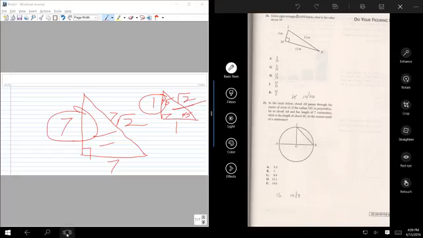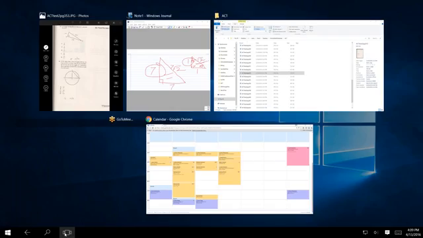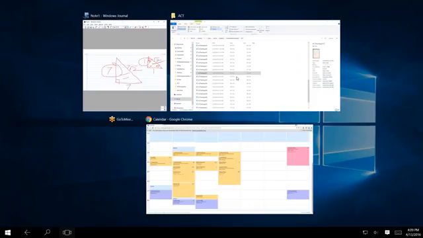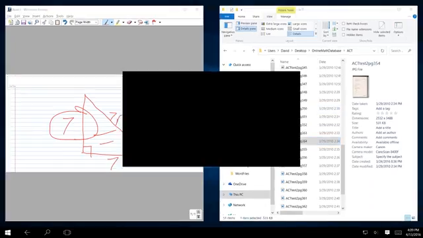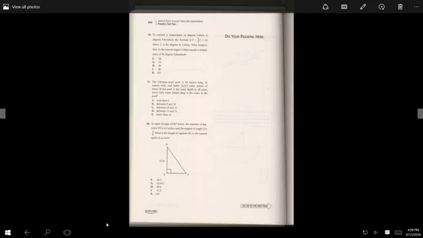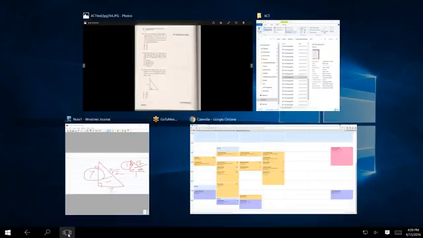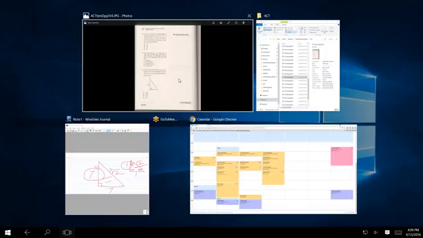All right, let me figure out how to do this. Let's see. I want to close that page out and open 354. Tell you what, Windows 10, whoever created Windows 10, they should be shot.